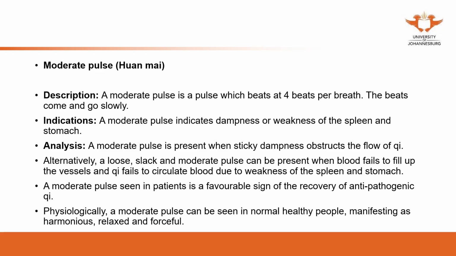The dampness and the weakness of the spleen and stomach are the cause and the result. The weakness of the spleen and stomach will result in dampness. So these two actually have the same cause. The root cause is the weakness of the spleen and stomach. The dampness is the manifestation.